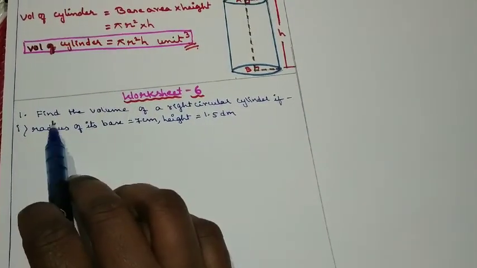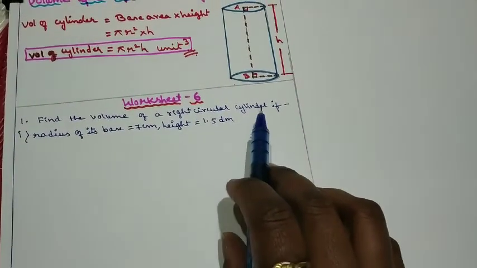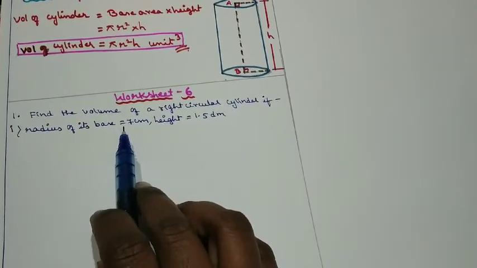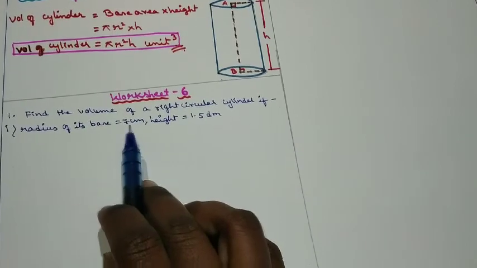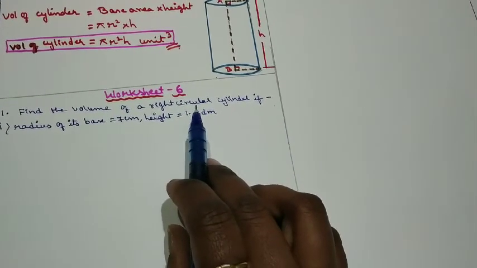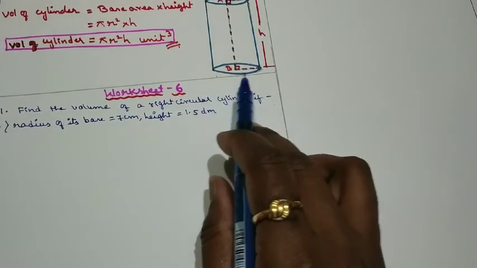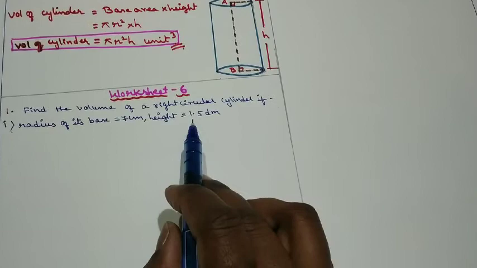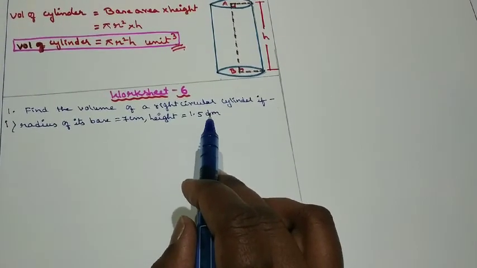Worksheet 6. Find the volume of a right circular cylinder if the radius of its base is 7 centimeter, which is the radius of the circular base of the cylinder, and height is 1.5 decimeter.